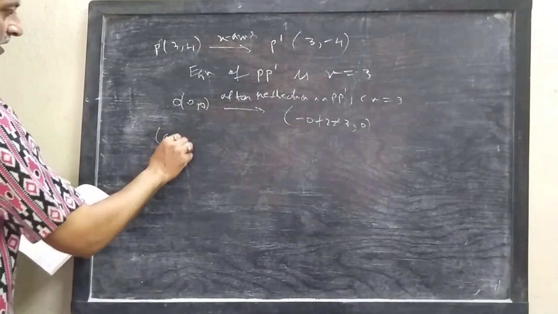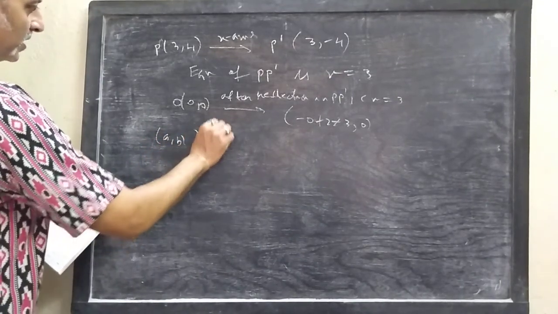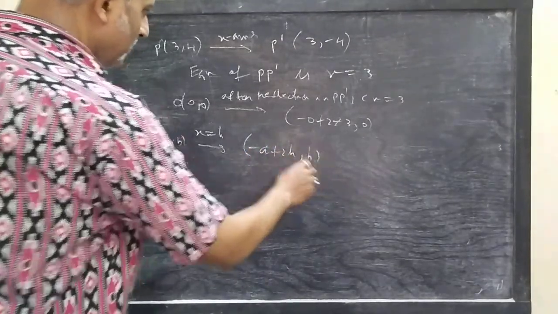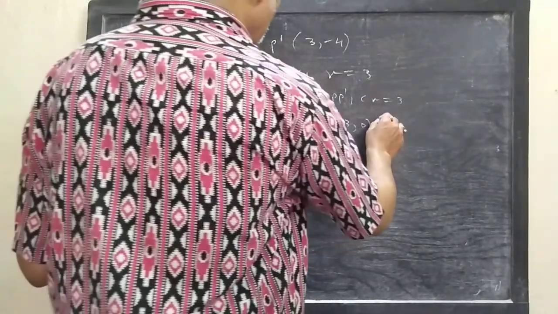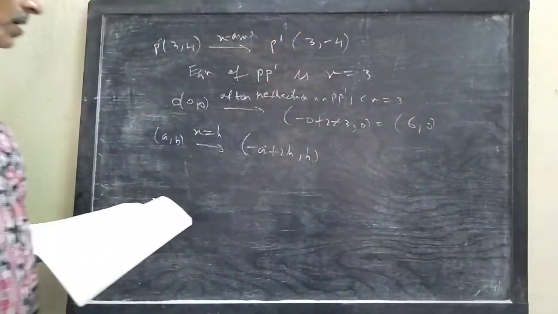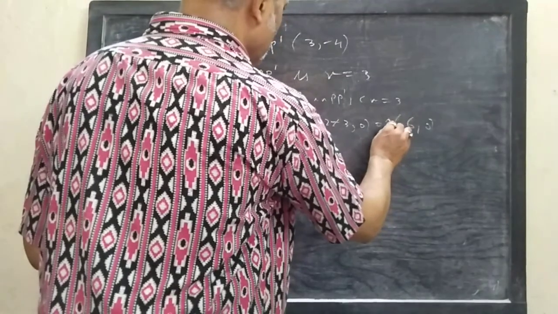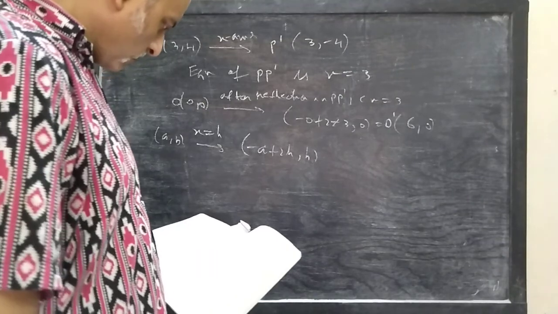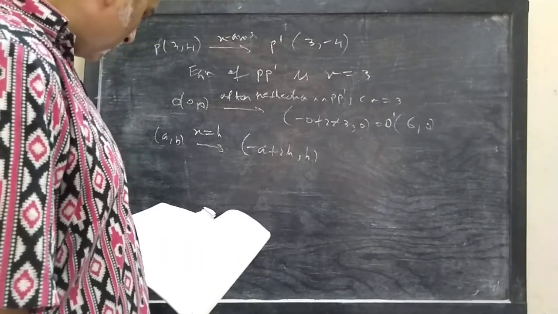Recall the formula: when (a, b) is reflected in x equals h, it goes to (-a + 2h, b). So the image will be (6, 0). This will be your O'. O' is (6, 0).